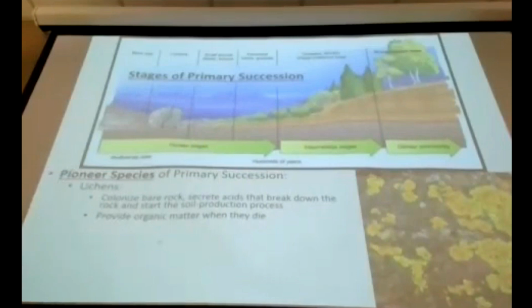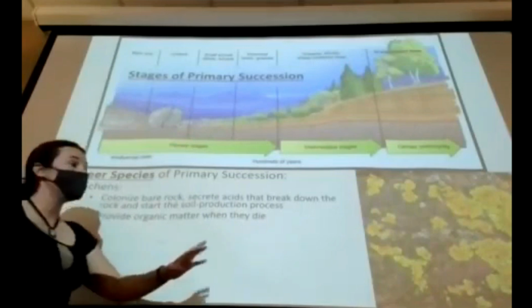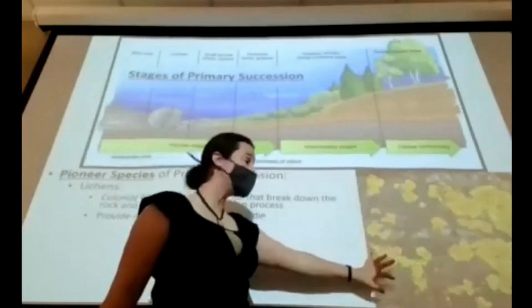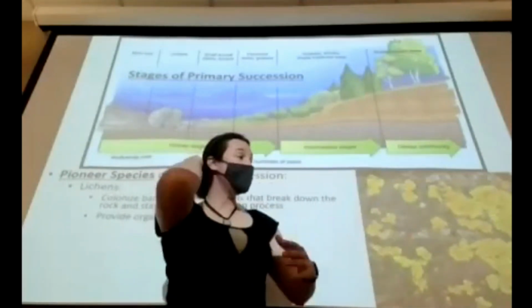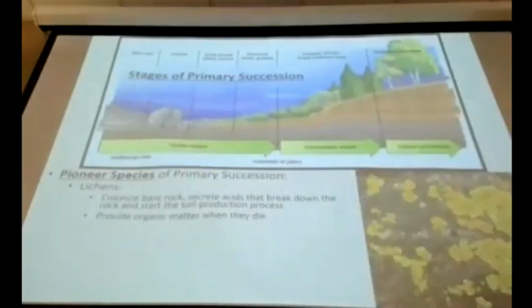Everything else needs some kind of soil or to eat something that uses soil. Lichen does not. And so generally lichens are the very first things that are going to enter into a new environment. Generally, when these ultimately die, they are going to provide organic matter that then breaks down into soil. Okay? And the soil can then be used by other types of plants.